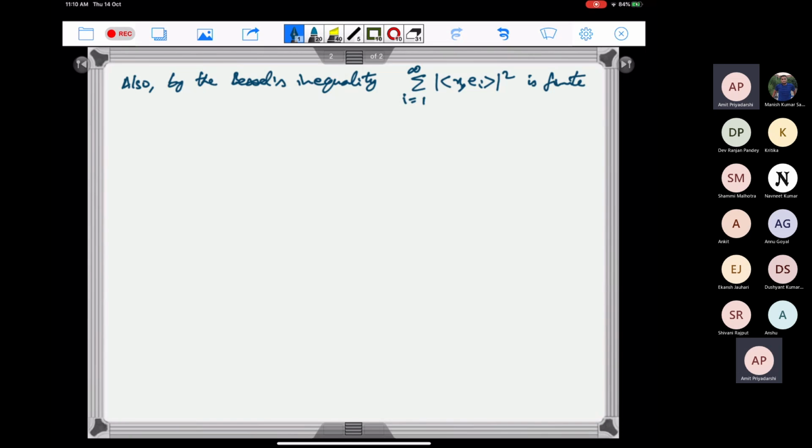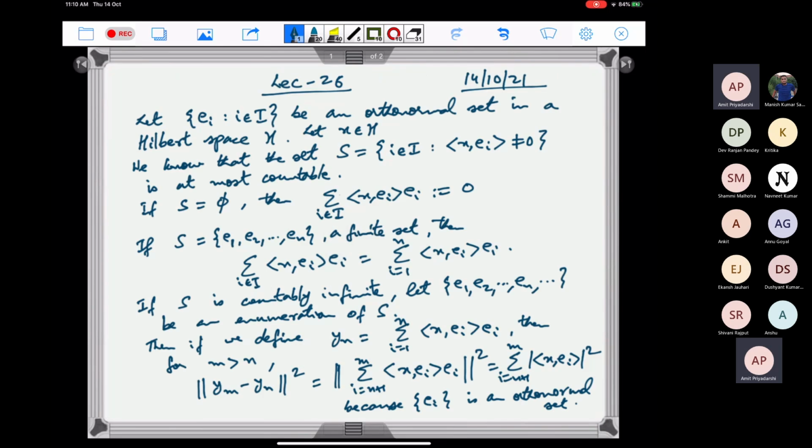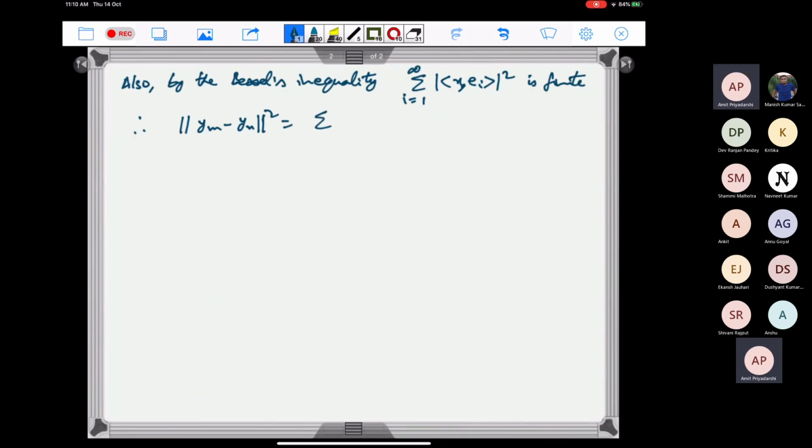So therefore, this norm of y_m minus y_n squared, which we wrote is equal to the summation i equal to n plus 1 to m of mod (x, e_i) squared, goes to 0 as n goes to infinity.